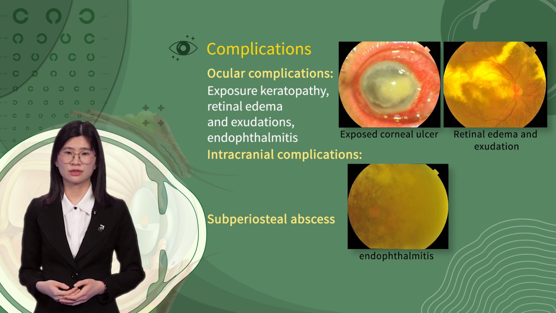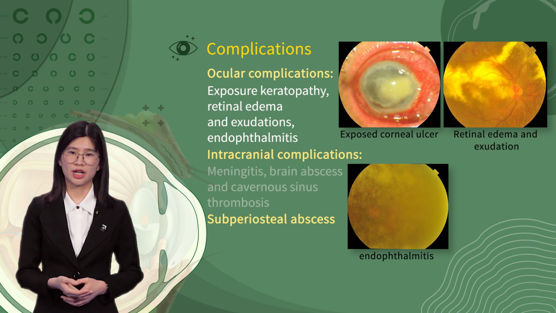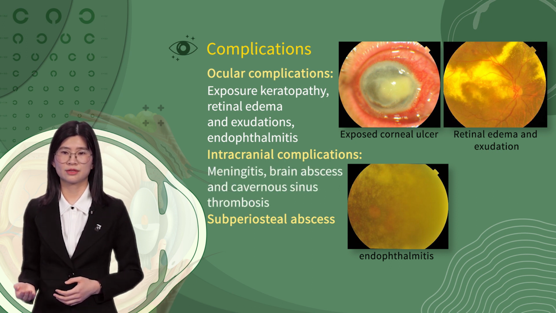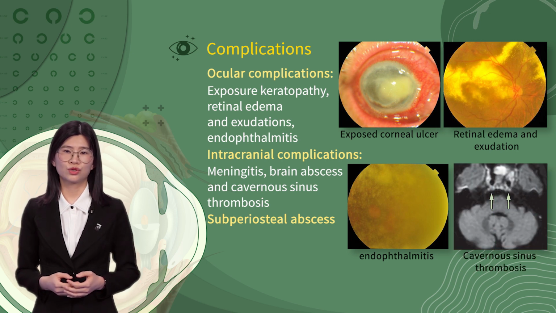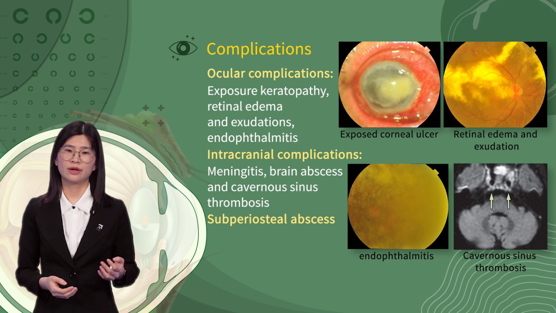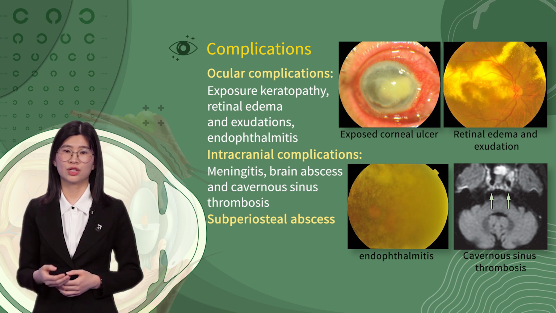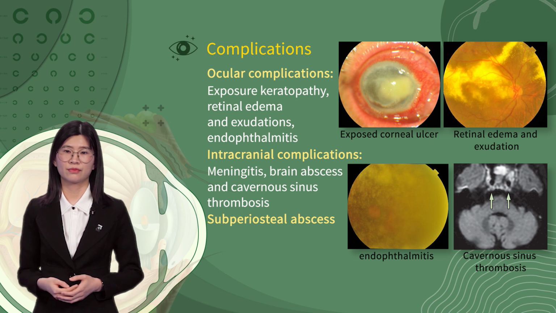Intracranial complications, which are rare but extremely serious, include meningitis, brain abscess, and cavernous sinus thrombosis. The last is an important complication which should be suspected when there is evidence of bacterial involvement, rapidly aggressive proptosis and congestion of the facial, conjunctival, and retinal veins.